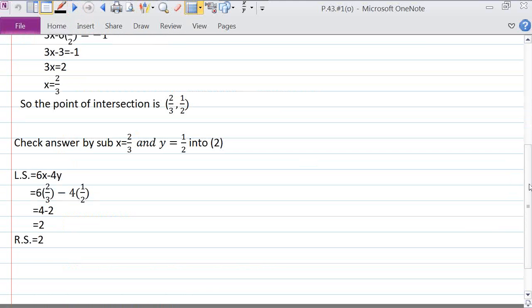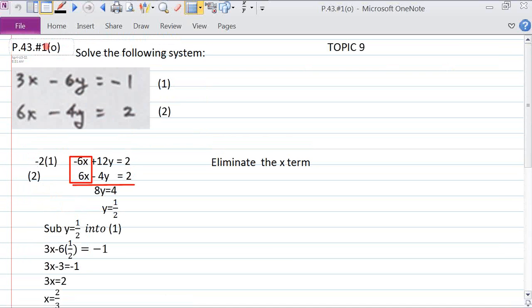Okay, the next problem is 1O, and here we have 3x minus 6y equals minus 1, and 6x minus 4y equals 2. The object is to solve, which means that these are two lines, and the question is, where do they intersect?